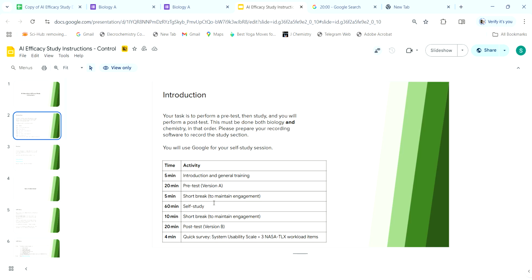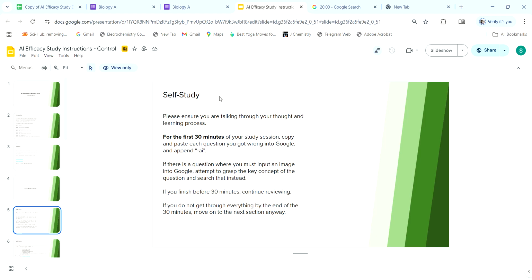So in self study I have to copy paste each question I got wrong into Google and append AI, that is without AI knowledge, and then attempt to grasp the key concept of the question. Okay, so I will set the first 30 minutes now.